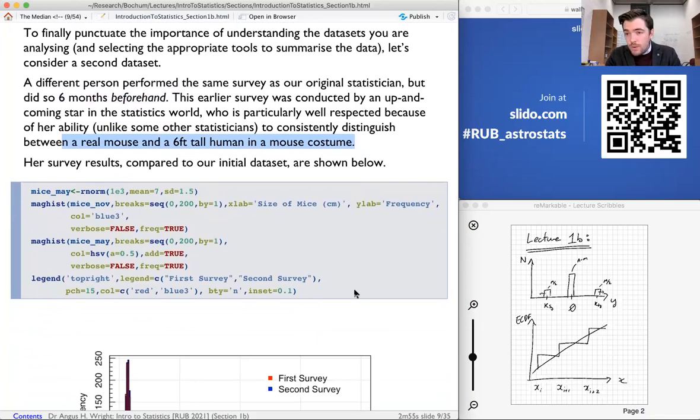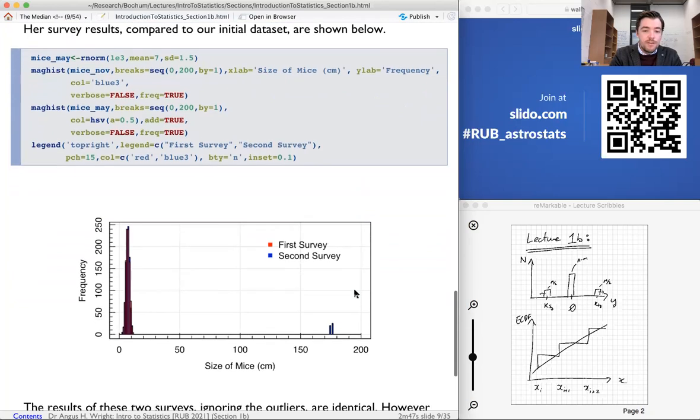The first way in which we can compare these two data sets is by taking a histogram. Okay, so we can take a histogram of the first survey, which happened in May, and the second survey, which happened in November. What we see is that the first survey shows the same distribution of data at low values, at regular mice height, but doesn't have the presence of this outlier peak.